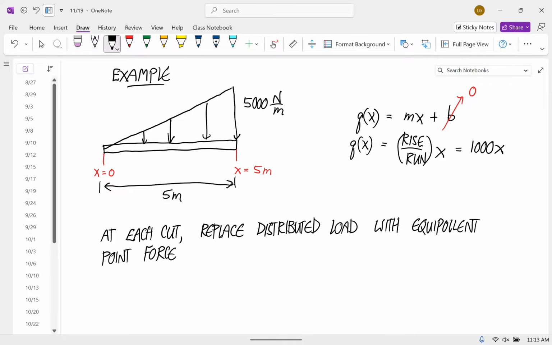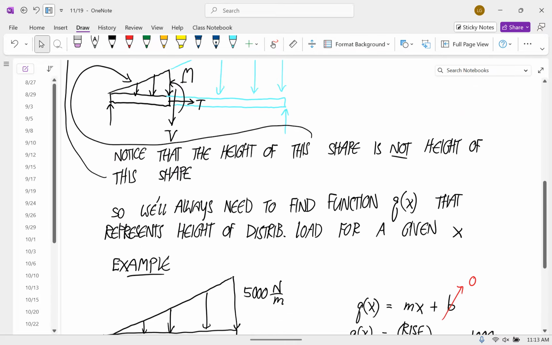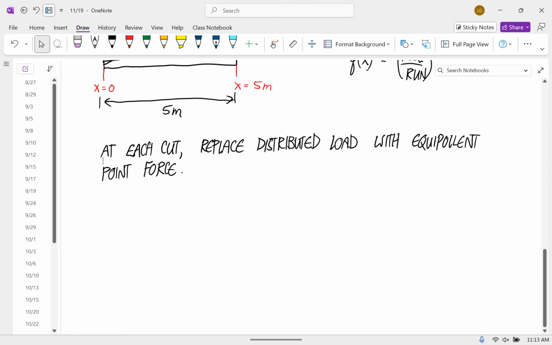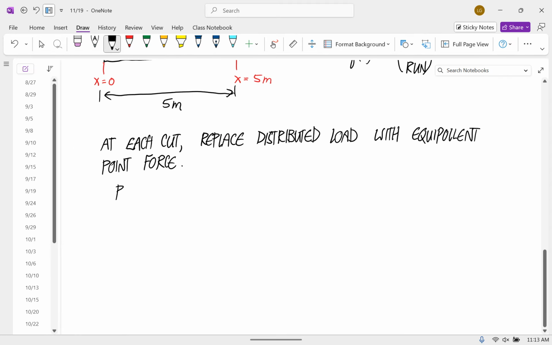Okay, so once we've made this cut in this picture here with the blue part missing, once we've made that cut, we're going to replace all that black part of the distributed load with a point force. Okay, but remember that you can't make that replacement until you've made your cut, until you've chosen what piece to isolate. So I'll try to bring that out as we go, but that's sort of a key to all of this.